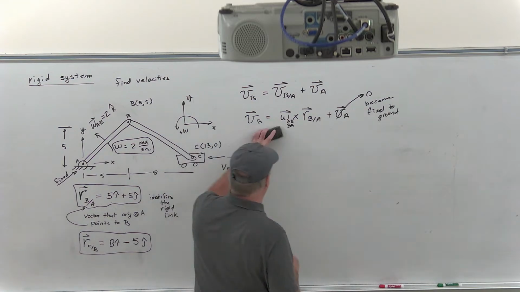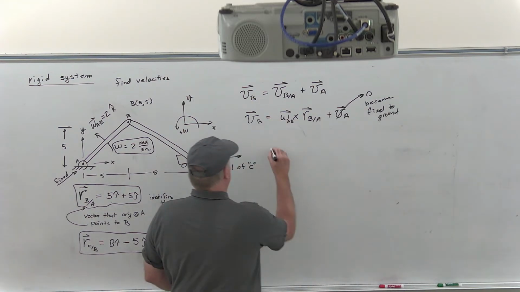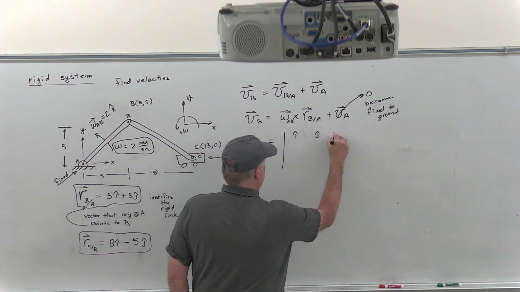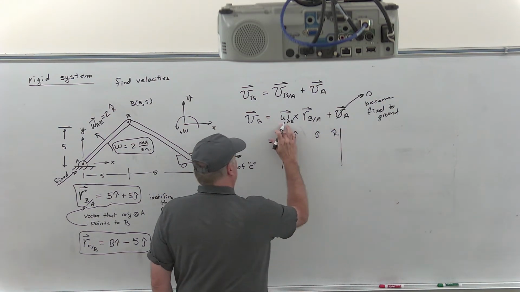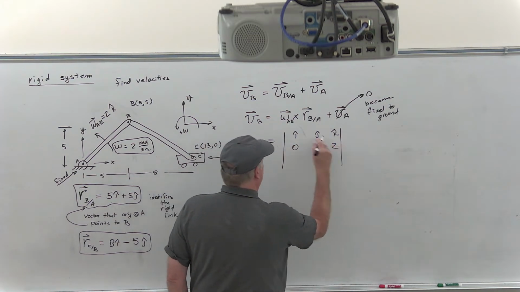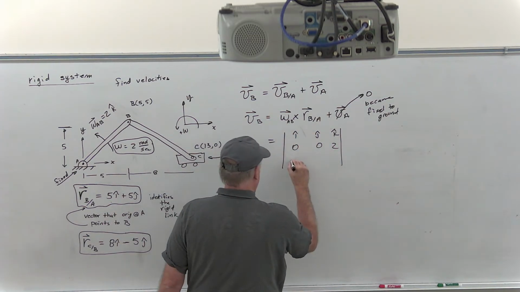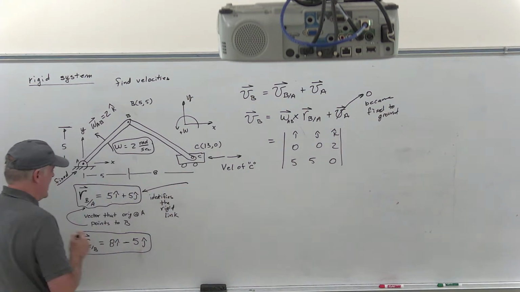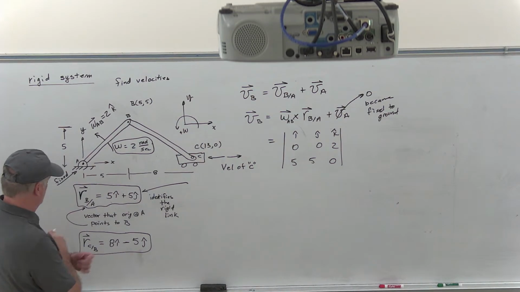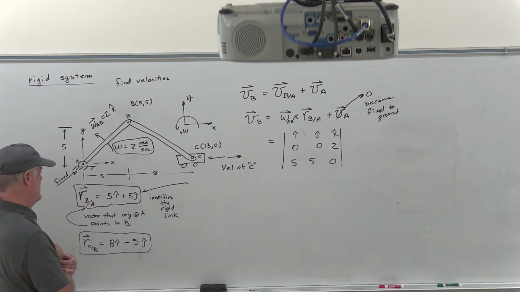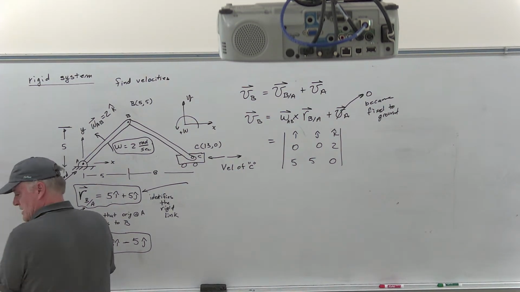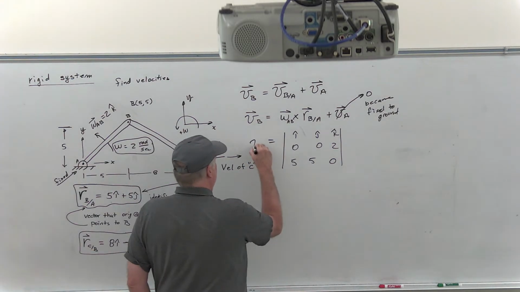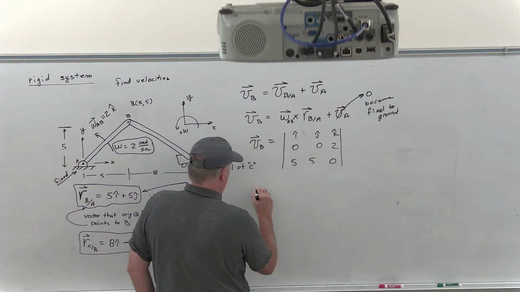It's still that linkage. So the velocity of B is going to be I, J, K, and then I'll write omega, 0, 0, 2, and then I'll write this. And so now I just go over and pull that, put it over there. So now, what is that?